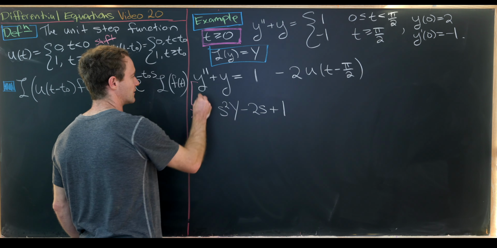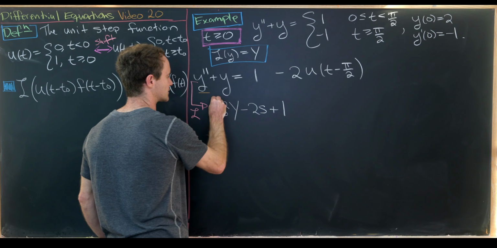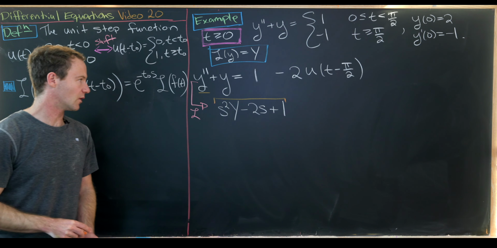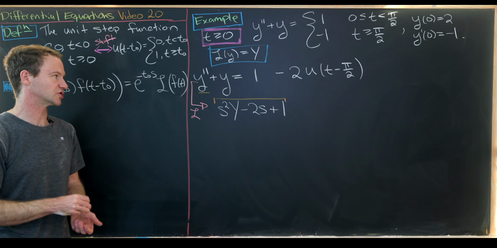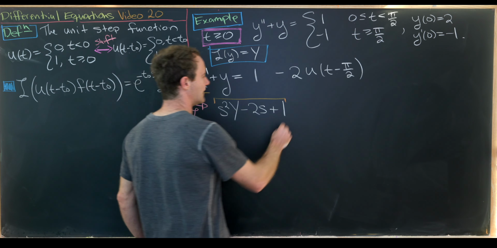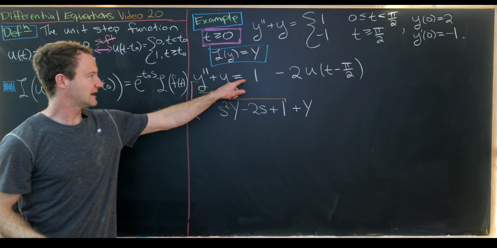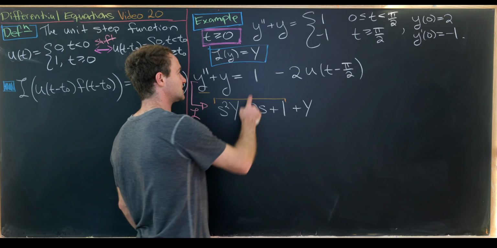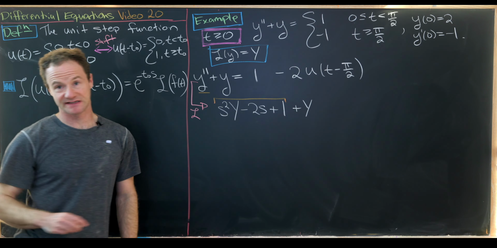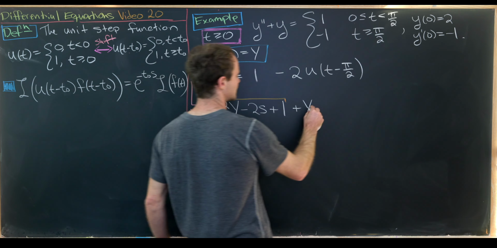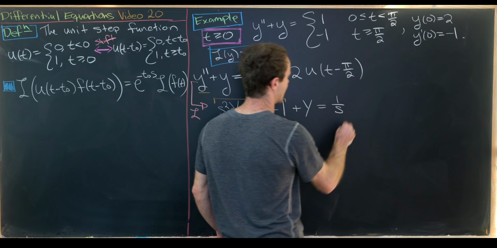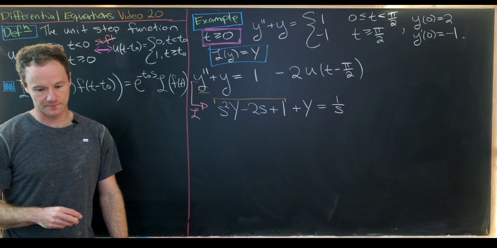Let's maybe be sure that we know that, just since this is the first one of the day. So that orange underline turns into that orange overline. And then finally, we have a plus capital Y from this y right here. Now we need to take the Laplace transform of this 1 minus 2 unit step function thing. So the Laplace transform of 1 is 1 over s from several days ago.